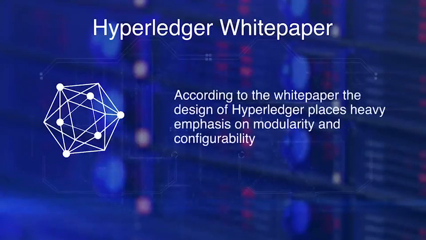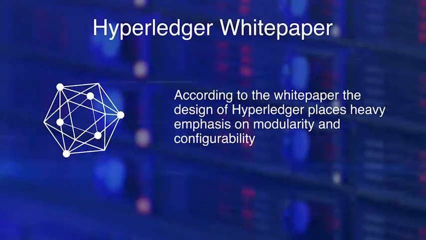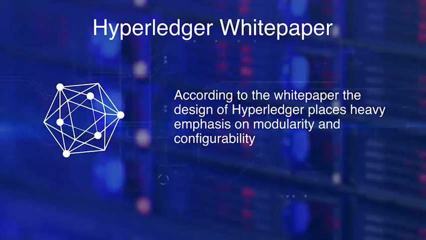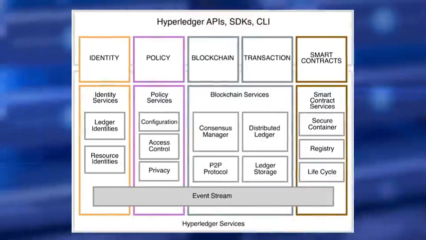According to the white paper, the design of Hyperledger places heavy emphasis on modularity and configurability, pluggable modules. A Hyperledger blockchain application views its domain as being made up of many interacting blockchains of various capacities. From the Hyperledger white paper, here is the services-oriented representation of the Hyperledger blockchain.